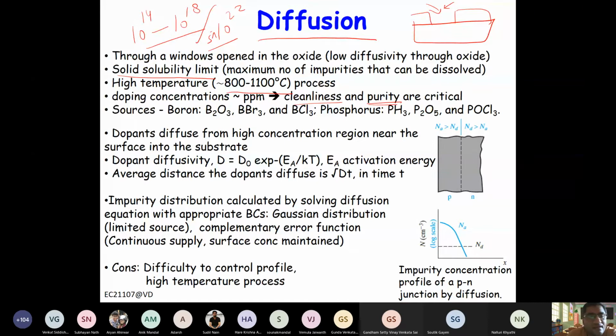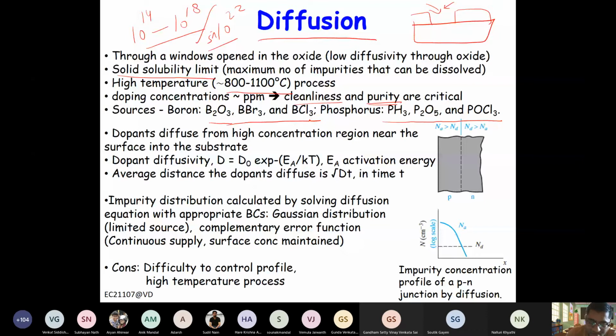Now the source may not be in atomic form. It may be some compound, like boron oxide, BBr3, or boron chloride. Similarly for phosphorus, PH3, phosphorus pentoxide, or POCl3. These compounds are used for diffusion purposes.